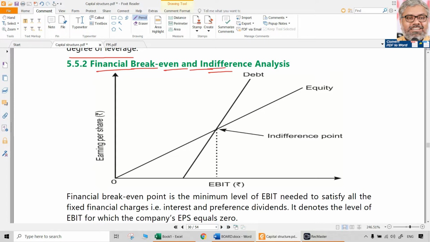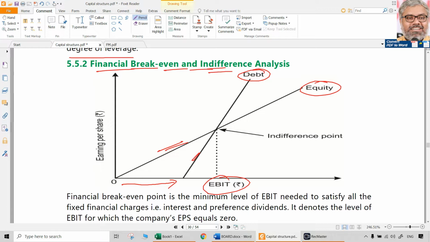Simple. As we know, at different levels of EBIT, one kind of source of finance is better than the other source. Naturally, when EBIT is in the lower segment, equity is better than debt because the equity line is higher, the debt line is lower.